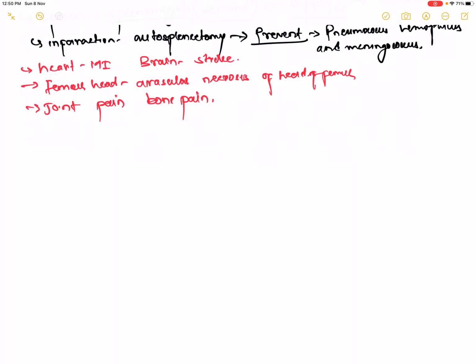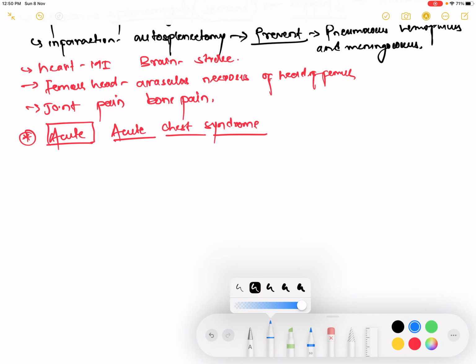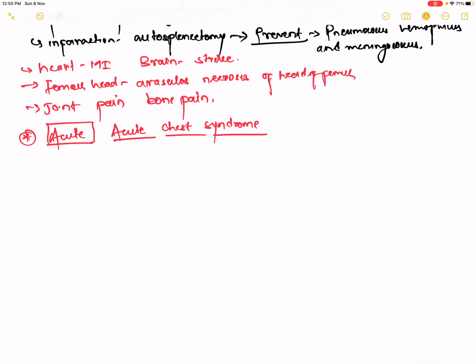The next presentation can be a severe acute presentation, which is known as acute chest syndrome in sickle cell anemia. So what is acute chest syndrome basically? Let's talk about it. Basically acute chest syndrome is a condition due to superimposed infection, mostly with mycoplasma or some kind of viruses.